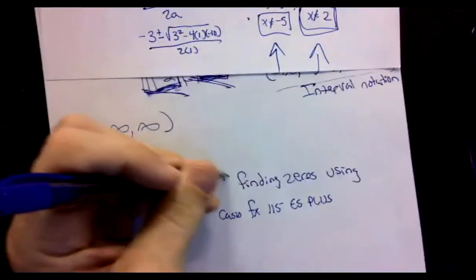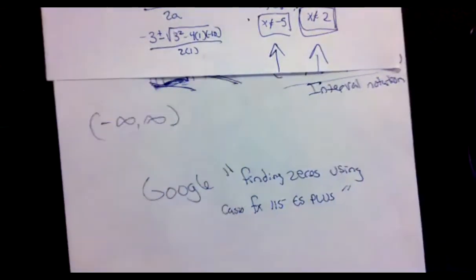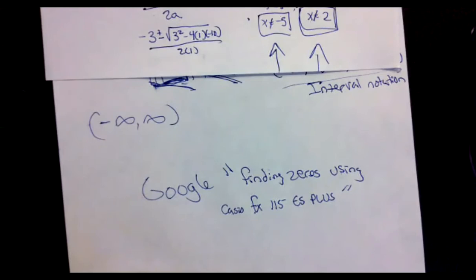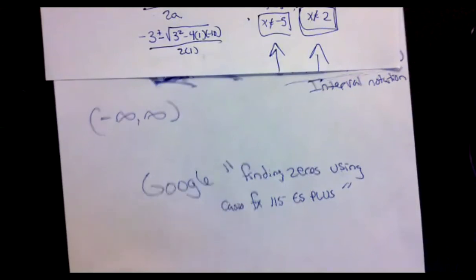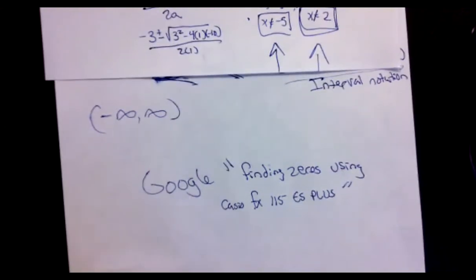If you just Google that, it'll almost always generate a YouTube video or some kind of walkthrough of how to solve using your calculator. If it doesn't exist, then your calculator can't do it. Not every calculator can, but nowadays, especially a newer calculator, they're very sophisticated and can do a bunch of nifty things. So that's a heads up and a benefit of having a fairly sophisticated, decent calculator.